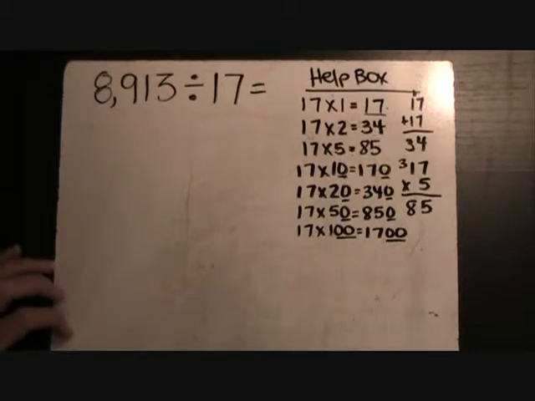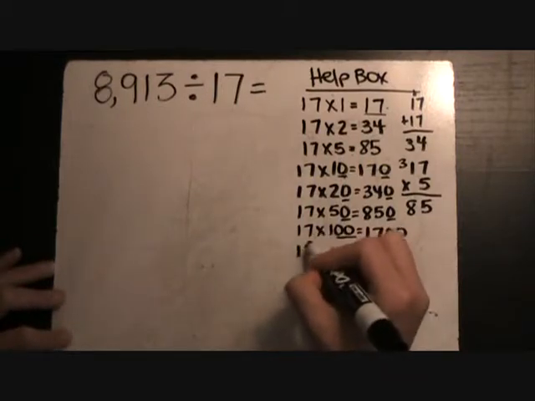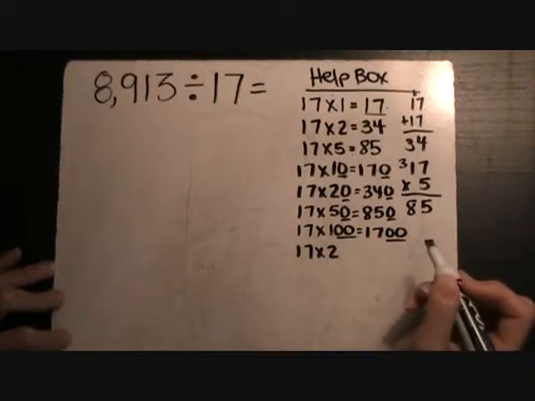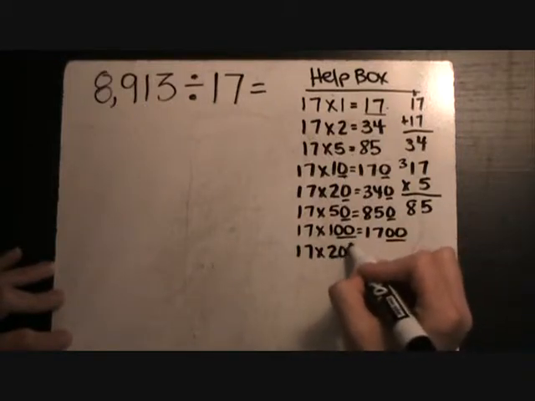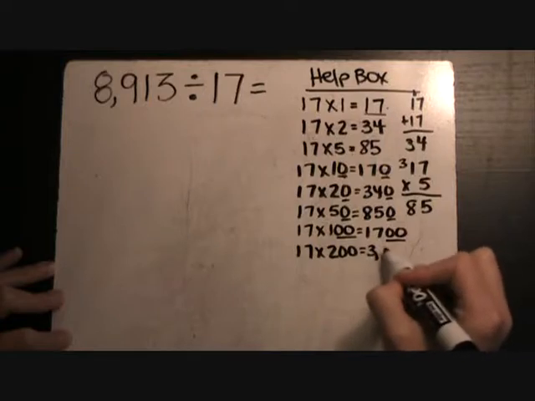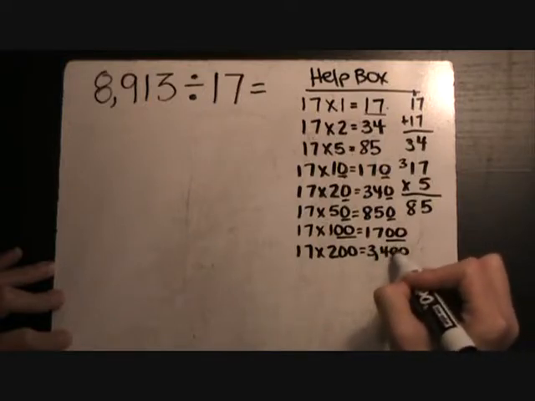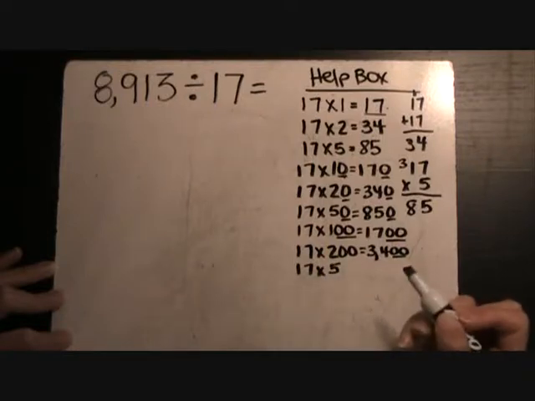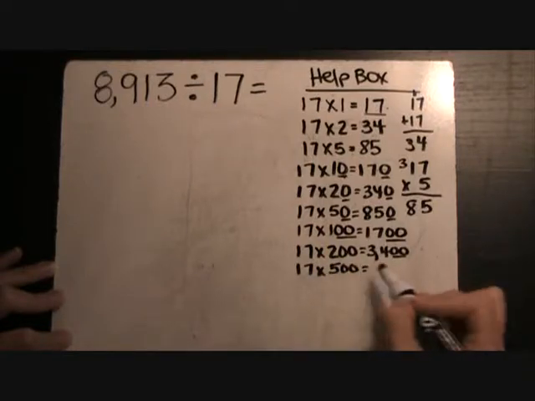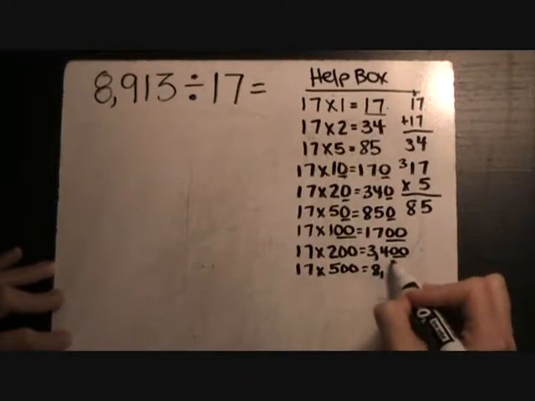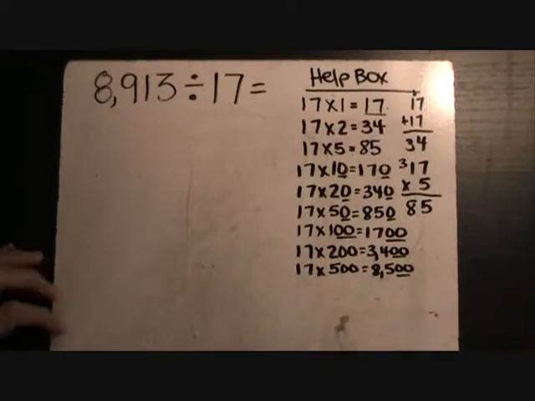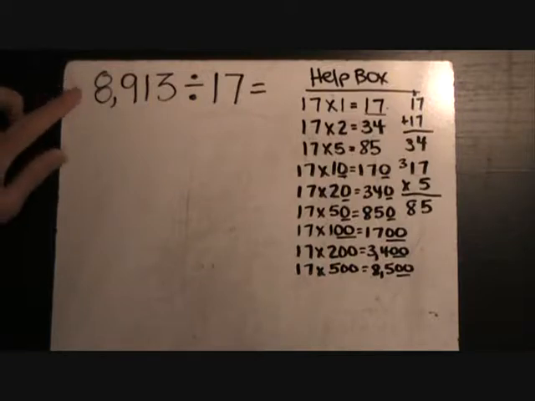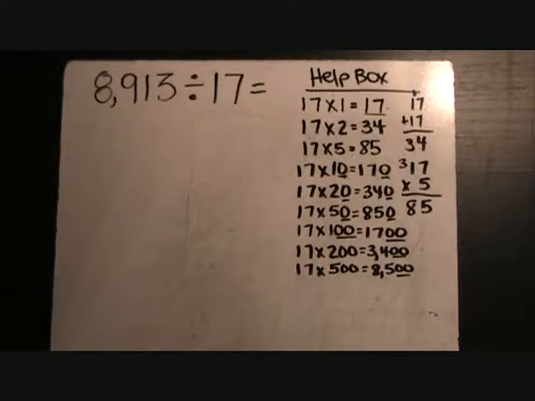Again, I'm adding 2 zeros. 17 times 2 was 34, so 17 times 200 would be 3,400. 17 times 5 was 85, so 17 times 500 would be 8,500. And I'm getting close to what my dividend is, so I'm going to stop there.